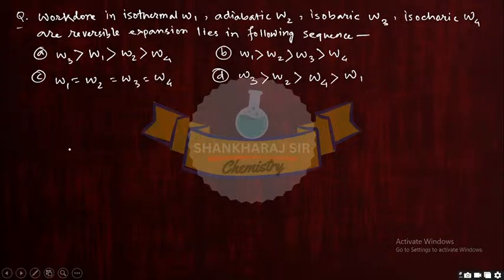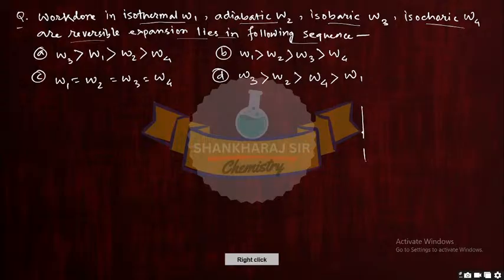Next, here we have a question: work done in isothermal W1, adiabatic W2, isobaric W3, isochoric W4 reversible expansion lies in which sequence? For that you have to know that we have a graph for the work done in various processes.